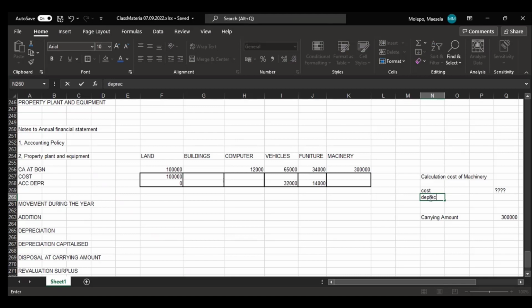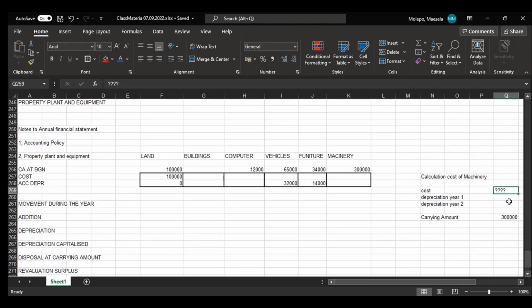Then it means only depreciation and another depreciation. This is based on the information they give us, because they say machinery has already been depreciated for 2 years. So this will be depreciation for year one and depreciation for year 2, as per information given. We are happy, right? And the carrying amount must be 300,000. So it means something minus whatever here, it should be 300,000.